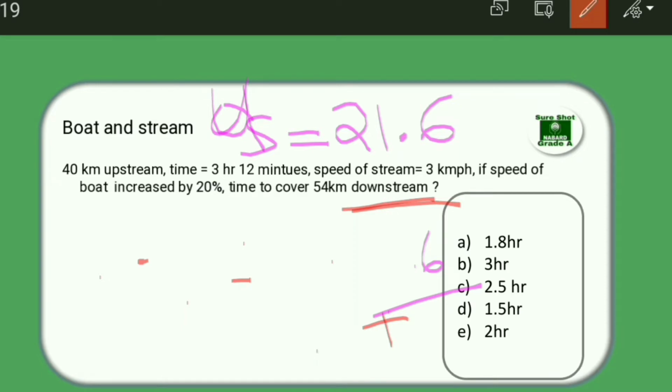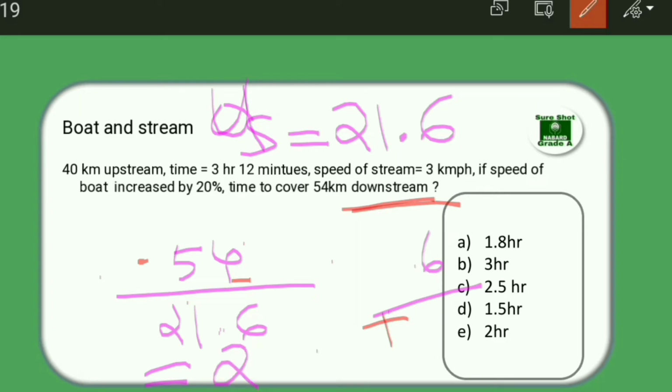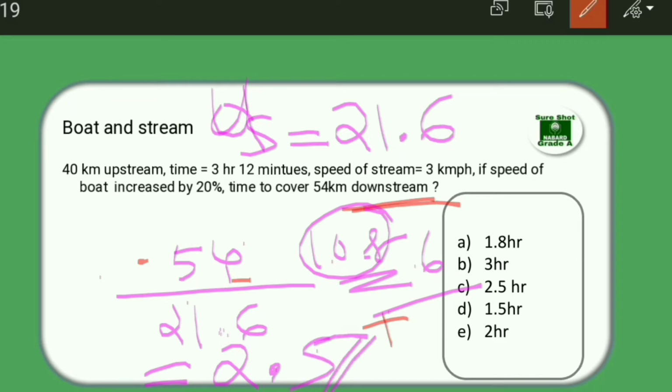What's the distance to cover? 54. What's the downstream speed? 21.6. 21.6 will go into 54 two times, which is 43.2. 54 minus 43.2 is 10.8, and that will give a point, so it becomes 108 as balance. 108 divided by 21.6. 21.6 into 10 is 216, and half of that is 108, so it is 2.5.